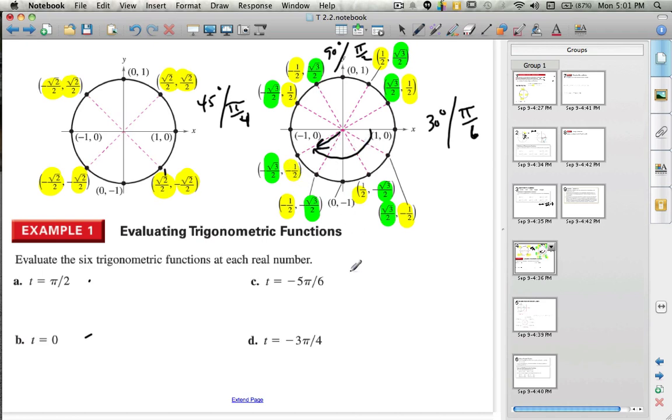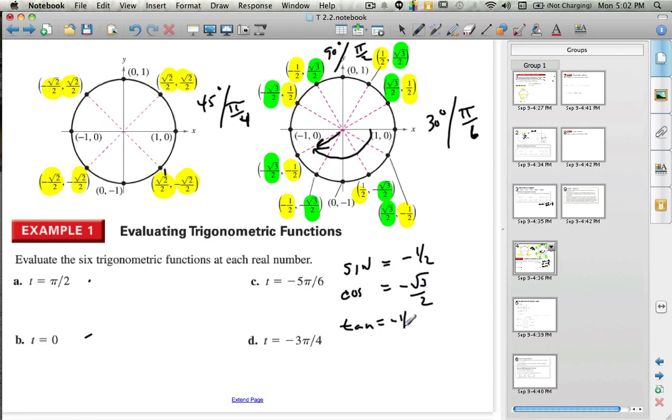I know that my sine is equal to the y-coordinate, and the y-coordinate here is negative 1/2. And I know that cosine is the x-coordinate. That's negative radical 3 over 2. And I know that tangent is going to be y divided by x.